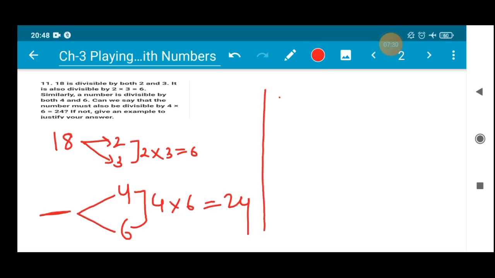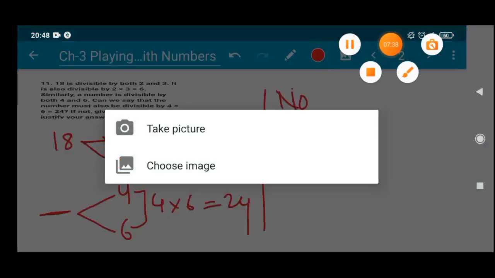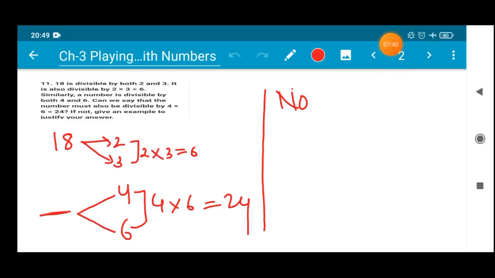If not, give an example, justify your answer. So I will say the statement will not be possible. No. Why? We have to state that. Because 12 and 36, I'll take this example.